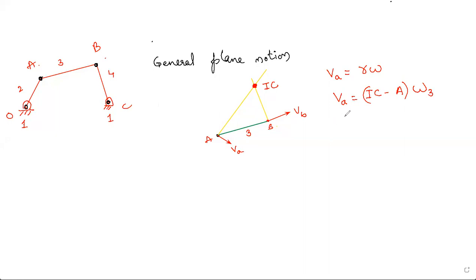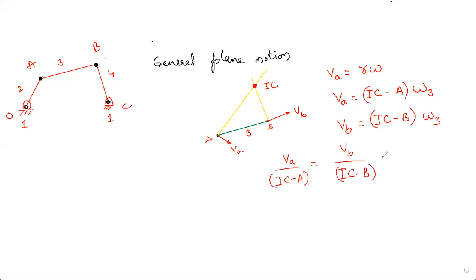And now to find out the velocity of point B, you write down the distance from IC to point B times omega 3. So omega is the same in both. I can just equate them. VA by IC to A distance is equal to VB by IC to B distance is equal to omega 3. You can take any two of these equations. If you know omega 3, you can equate it with omega 3.